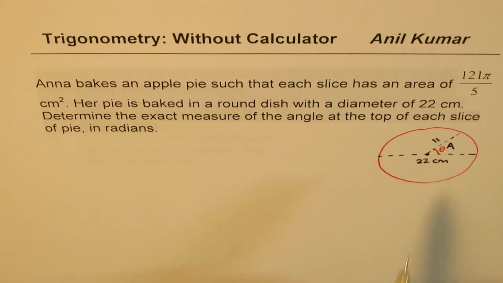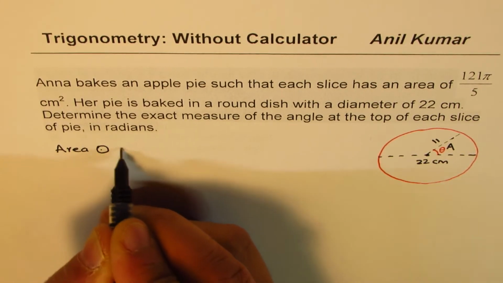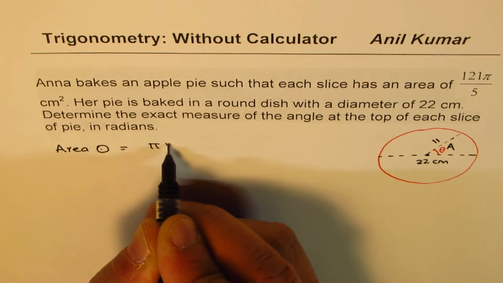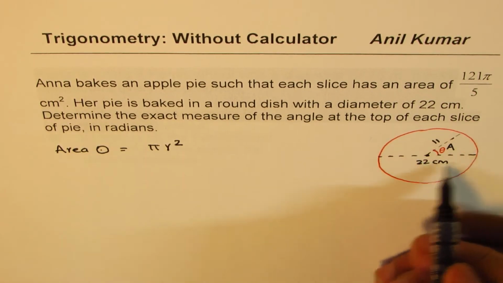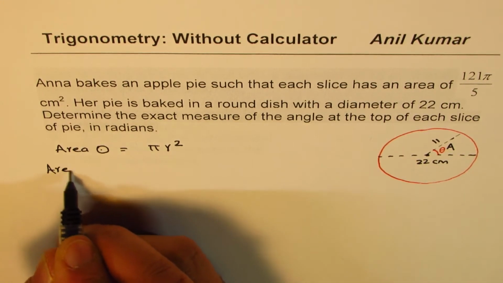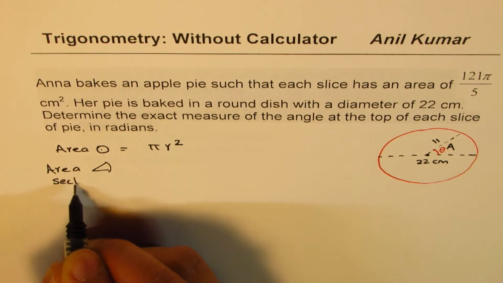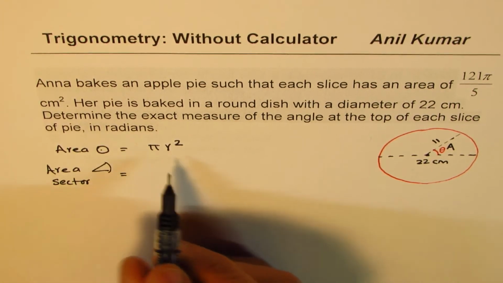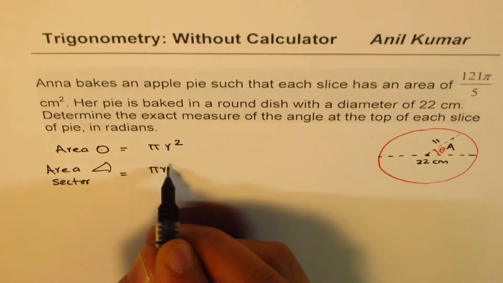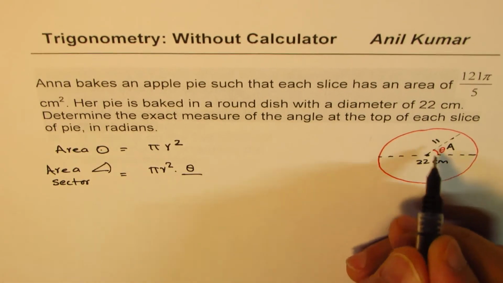Okay. Now, there are a couple of ways to do this. One, we know that the area of a circle is pi r square. Now that becomes a sector with angle theta, for example. So we say the area of this sector will be a ratio of pi r square times theta over the total angle, which is 2 pi.